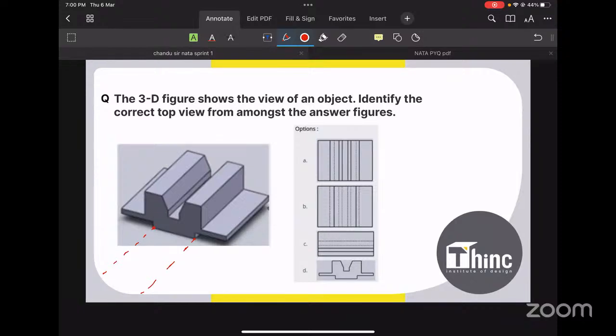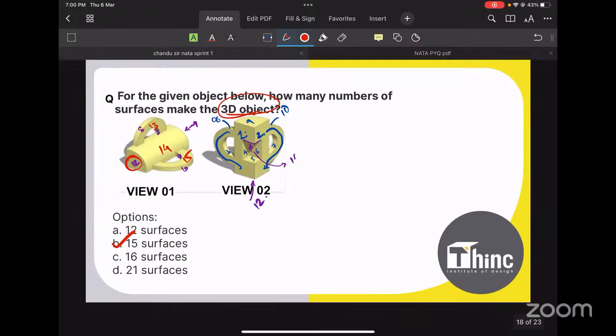Harshit, it is actually 15. Okay. So now coming over here, you can easily find that 1, 2, 3, 4 are hidden here, and 5, 6 surfaces you can see only in option A. Harshit, you can have a look once again, it is 15. Because only these 3 we didn't count earlier.